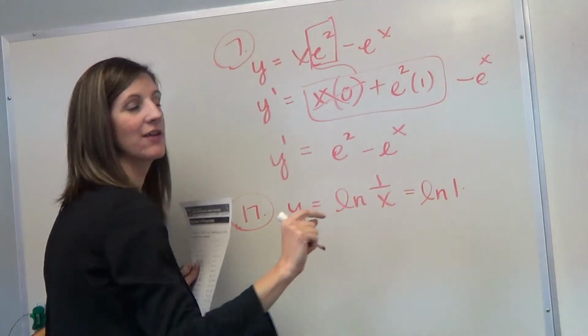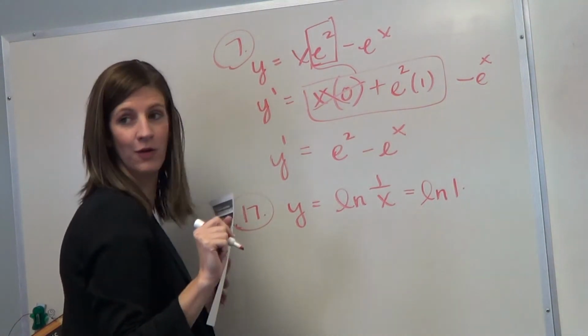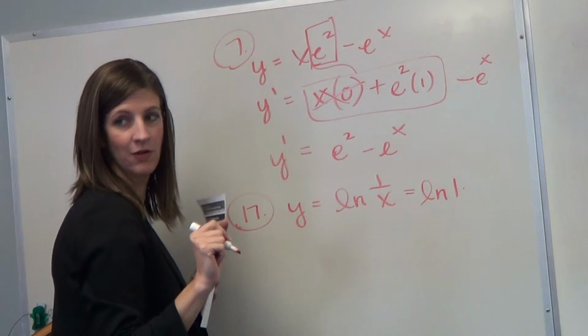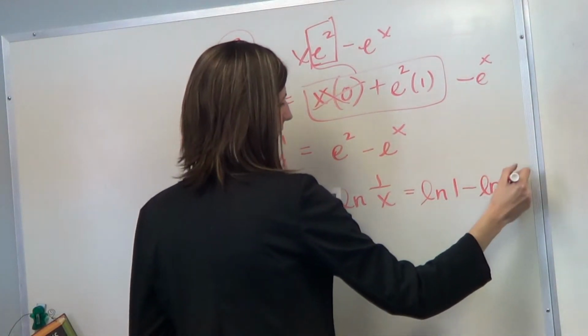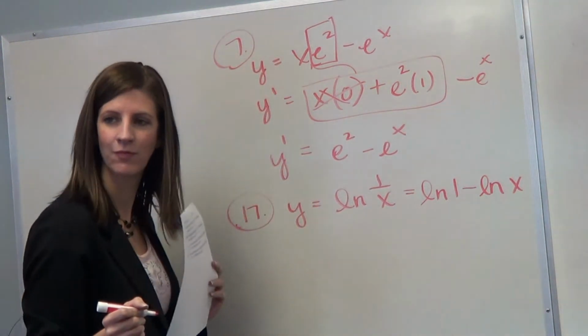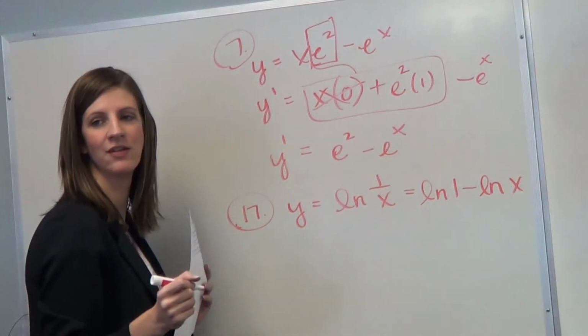Dividing 1 by x. So it's ln 1 minus ln x. Okay, that's how you'd rewrite it.